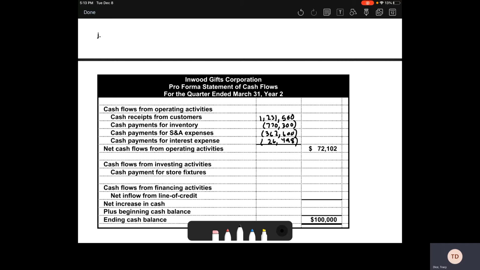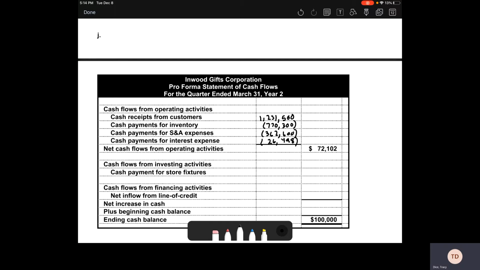And when we take 1,231,500 and subtract those expenses, I get not that number.